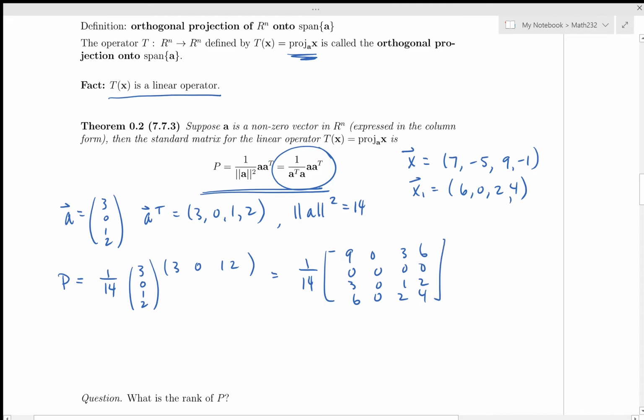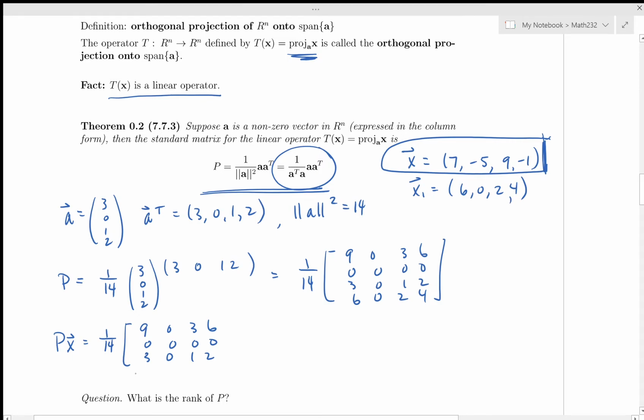Now if I want to find the projection of any x, I'm going to choose this x, but any x, onto the line spanned by A, I take P and multiply it by x. So I take this P, 1 over 14 times 9, 0, 3, 6, 0, 0, 0, 0, 3, 0, 1, 2, 6, 0, 2, 4, and multiply that by the vector I want to project onto A, the same vector from before.